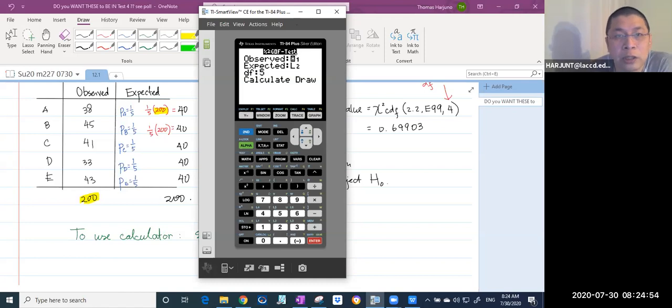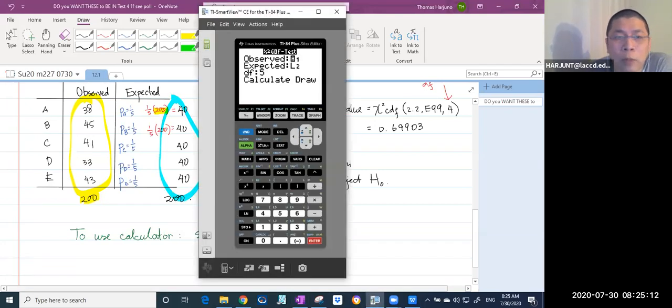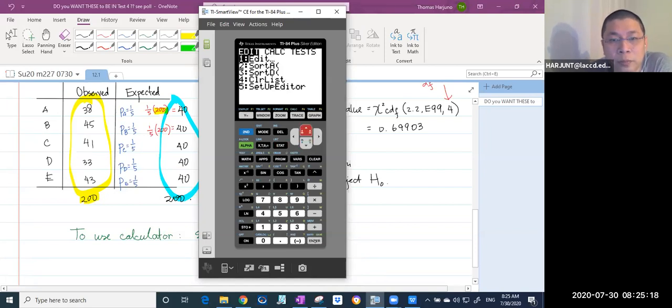So I need to insert these numbers into one of the lists and another one of the lists. My first column will go to list 1, let's say, and the expected will go to list 2. Let's see what list is not being occupied yet. Let me just erase all of them. Stat, clear list.